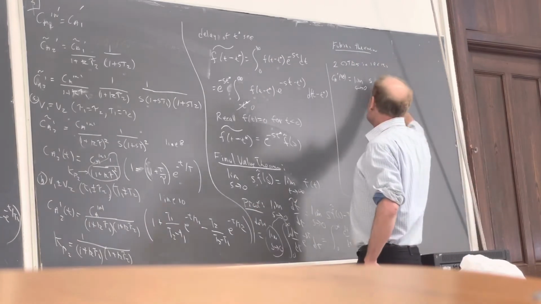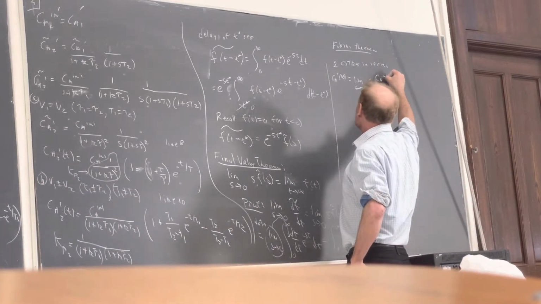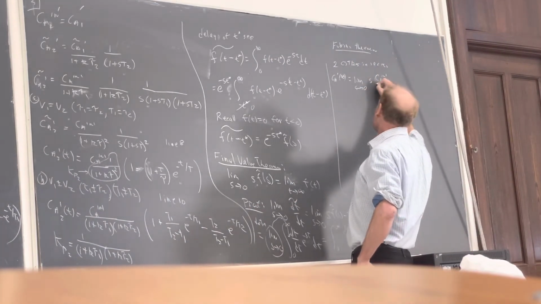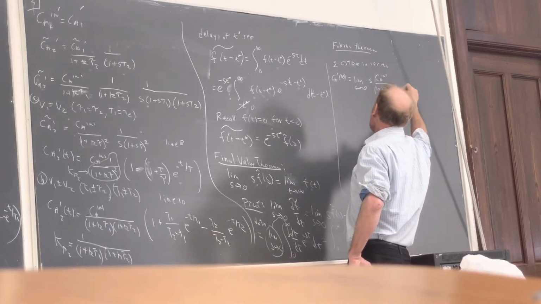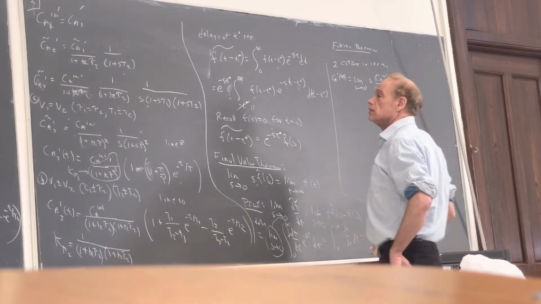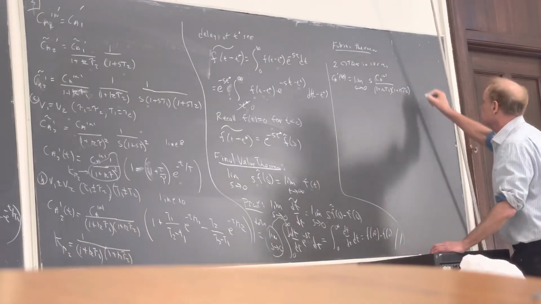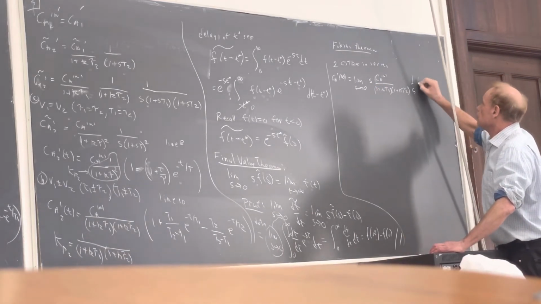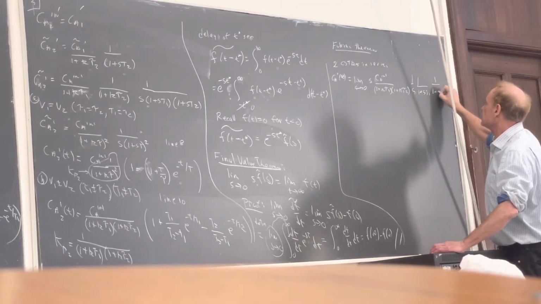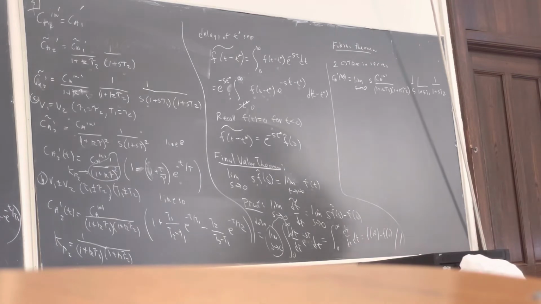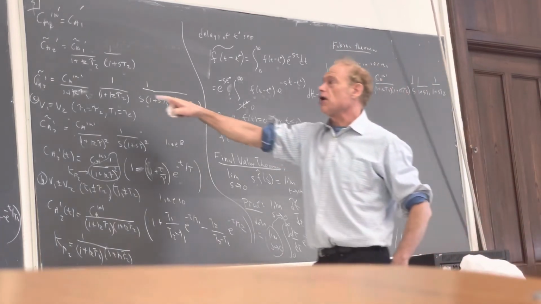That's CA in prime divided by 1 plus k tau 1, 1 plus k tau 2, times 1 over s, times 1 over 1 plus s tau 1, 1 over 1 plus s tau 2. Okay? I just took CA2 prime tilde from before.